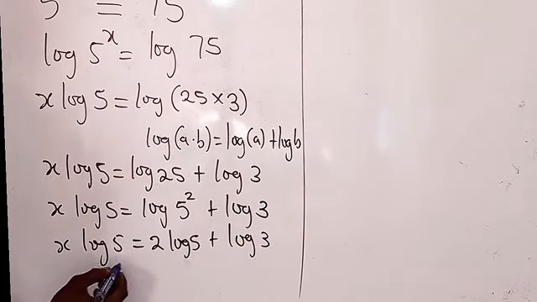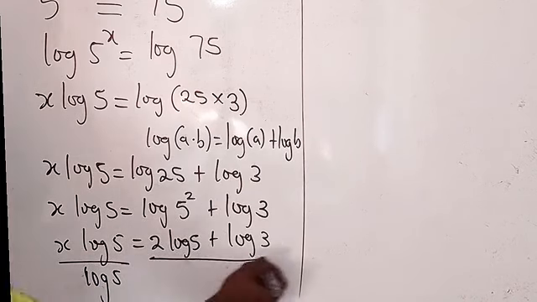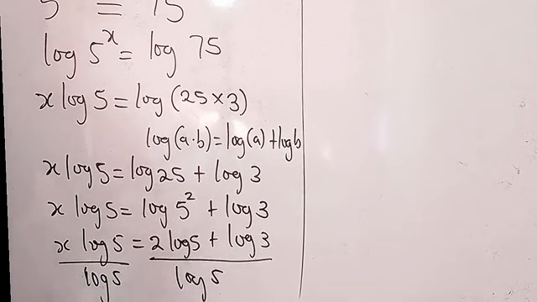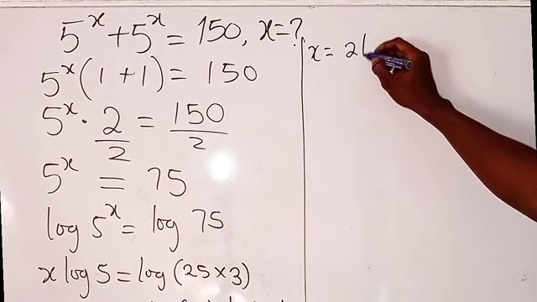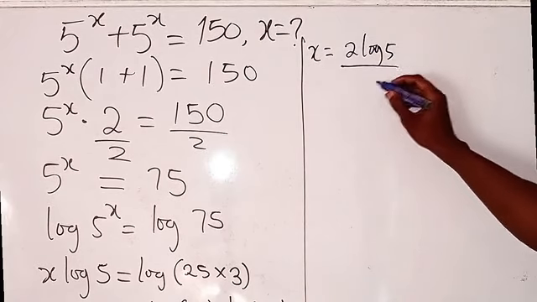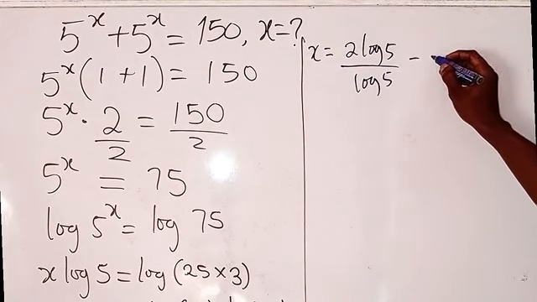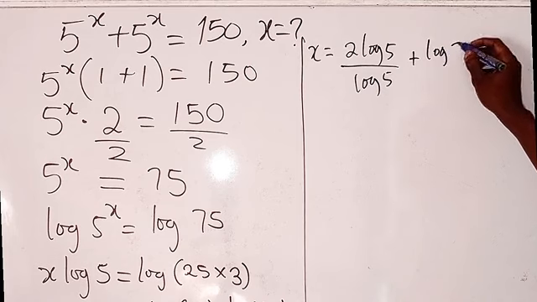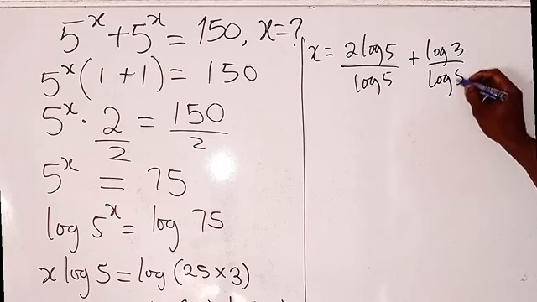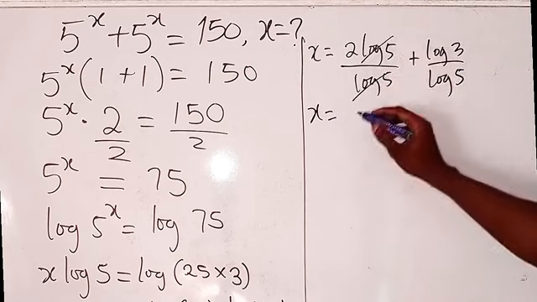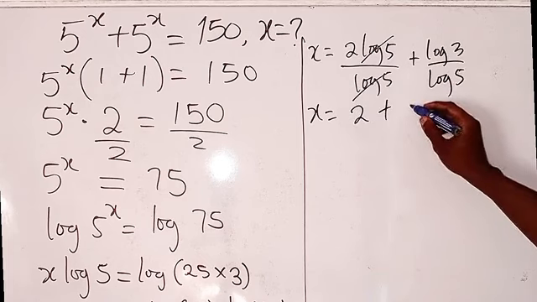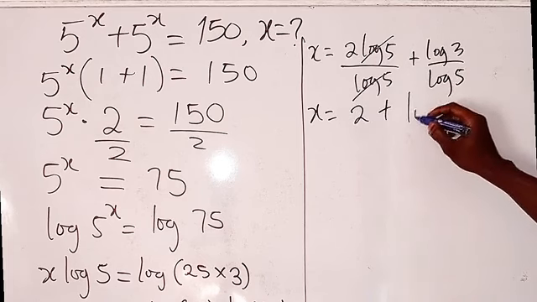So now from there, let's divide both sides by log 5. Divide both sides by log what? Log 5. So now this is going to cancel this. So we have x equals 2 log 5 divided by log 5, because they are both sharing the same denominator, log 5. So here we have x equals, you can see we cancel this, 2 plus log 3 divided by log 5.